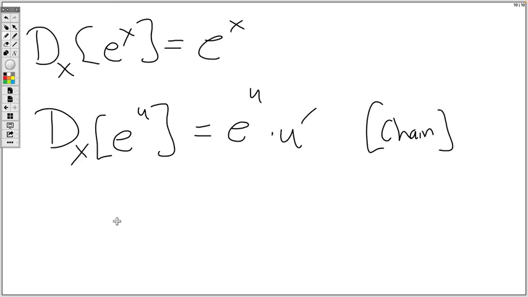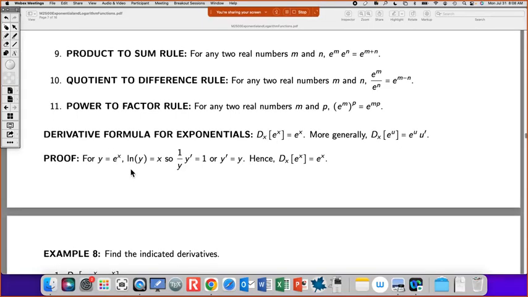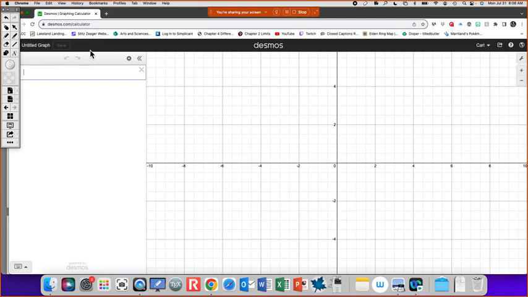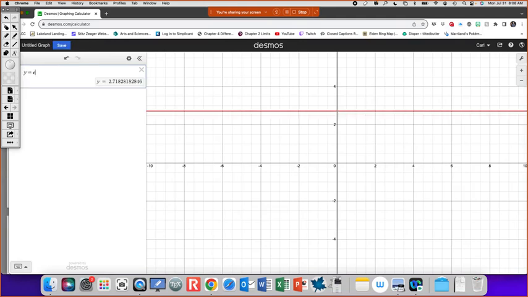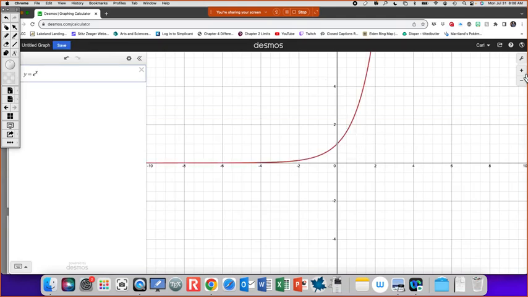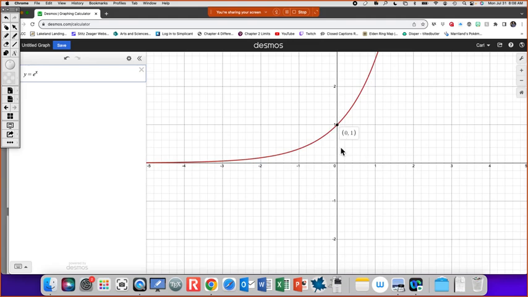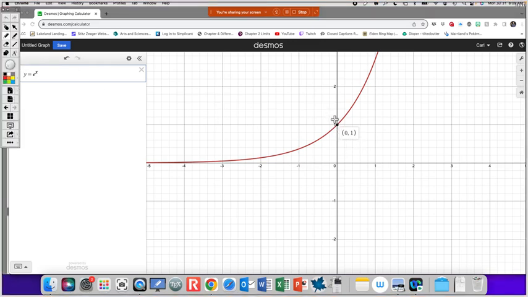But what this means graphically, if we think about what this means graphically, it means that the slope at any point is the same as its y value. So the farther up you go, the steeper it gets. And we'll talk about that in a little more detail here in a minute. But for example, at the point 0, 1, the y value is 1.